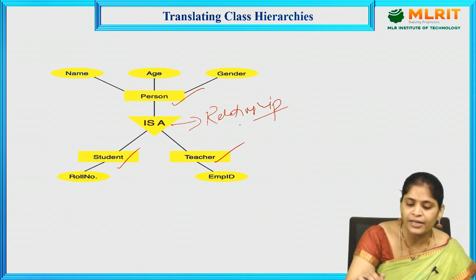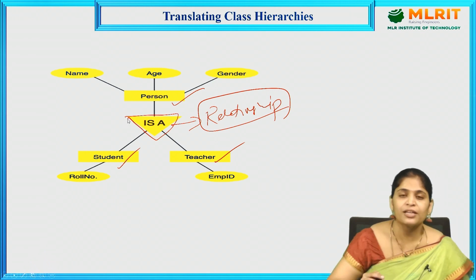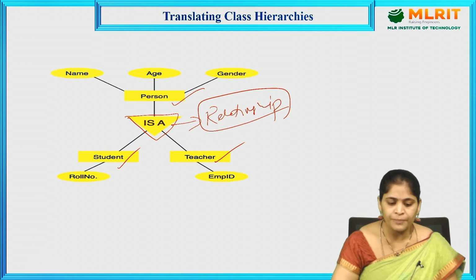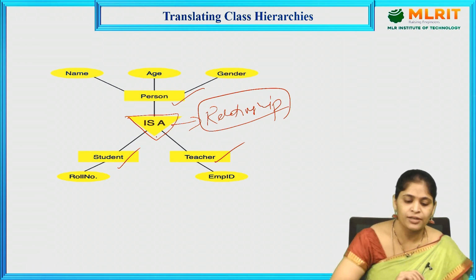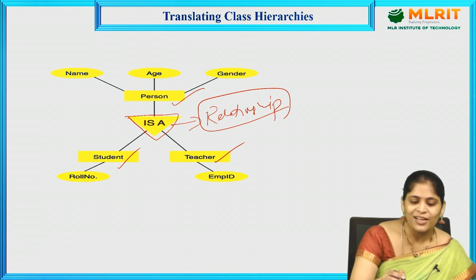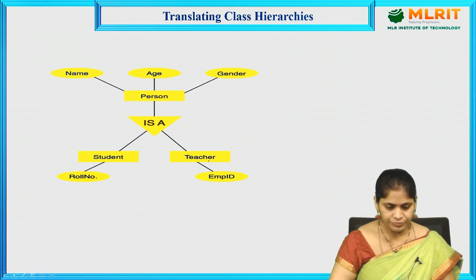In the concept of hierarchies, the relationship we use is the is-a relationship, which is represented by a down triangle, an inverted triangle. So a person can be a student or can be a teacher.